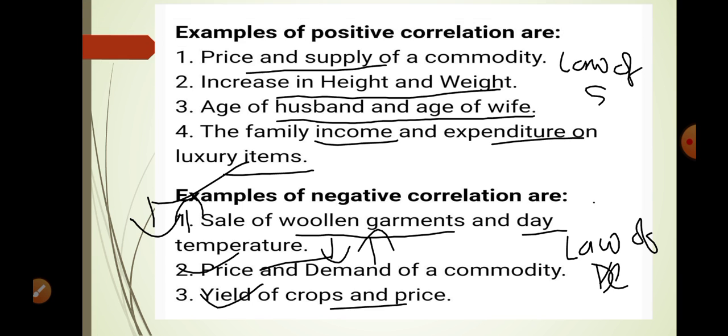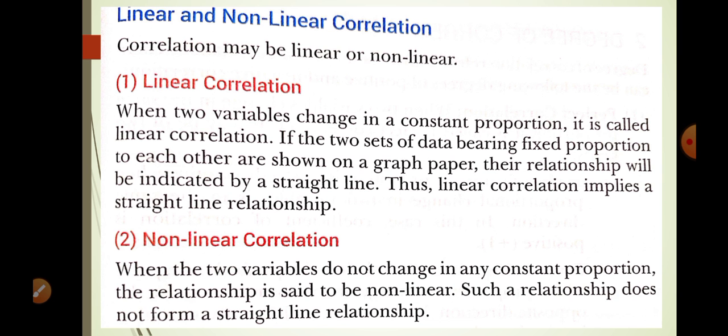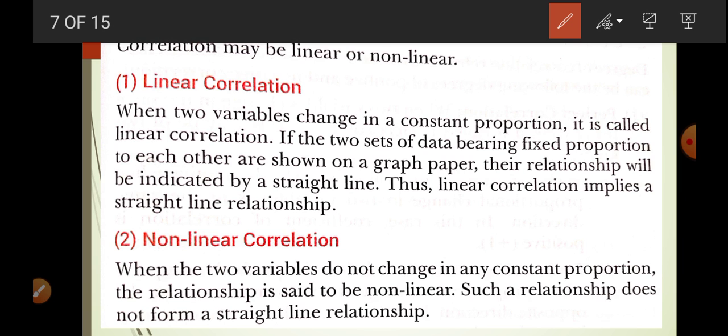Okay, now linear and non-linear. In mathematics you already understood that linear means it is going to be a straight line, and non-linear is not going to be a straight line. So linear correlation is when two variables are changing in constant proportion.